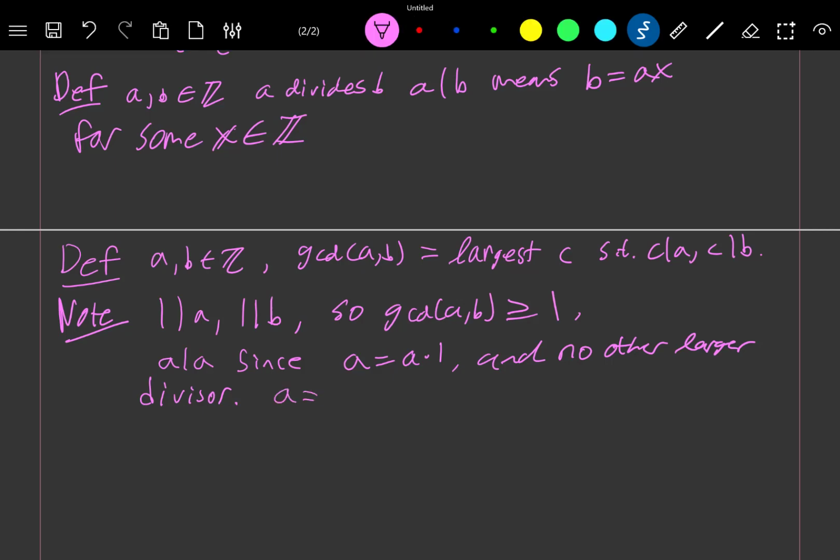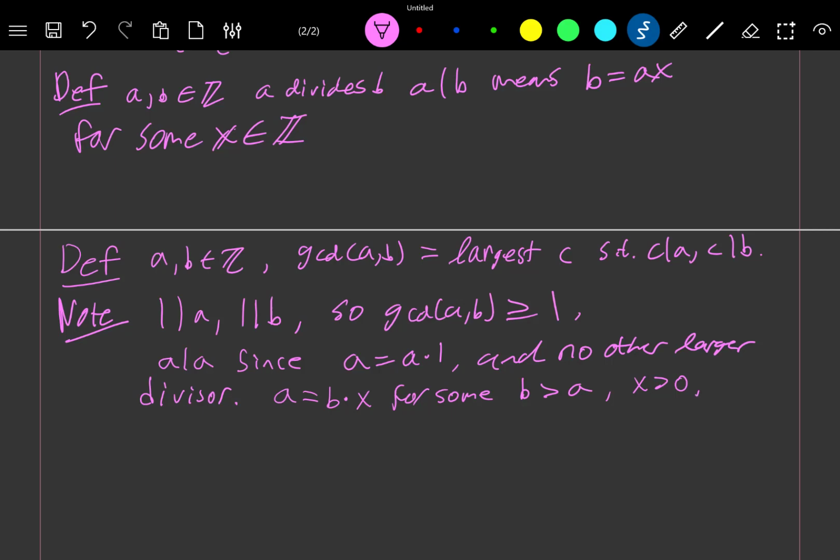If you had A is equal to B times X for some B that's bigger than A, we'd have to have X is positive as well.